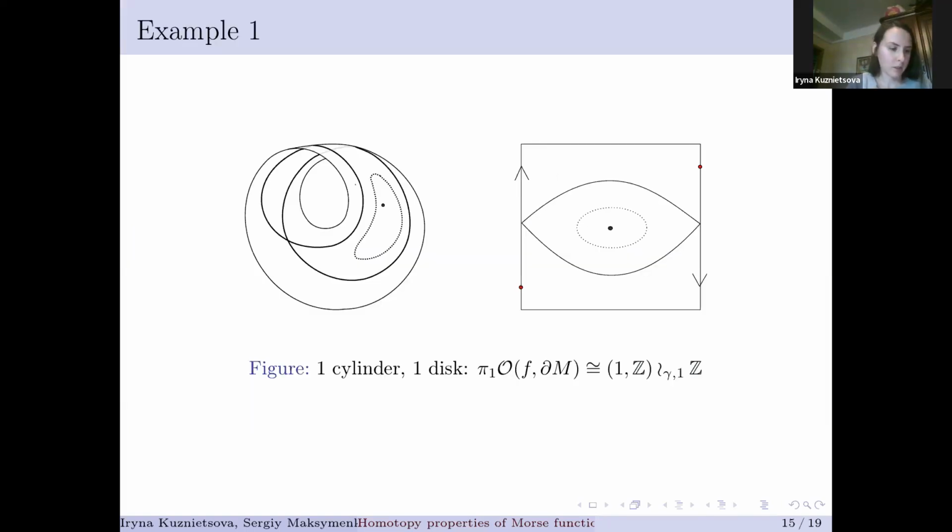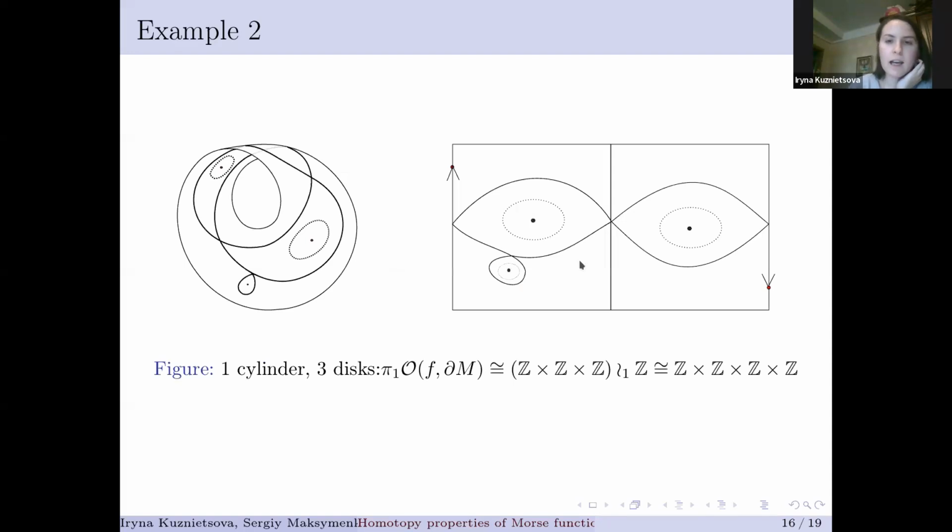Several examples in 2 minutes. Here we have one disk on the Möbius band, and it can change its orientation. Let it have a degenerate point here. So its group will be Z, and the cycle is 1, so here is 1.